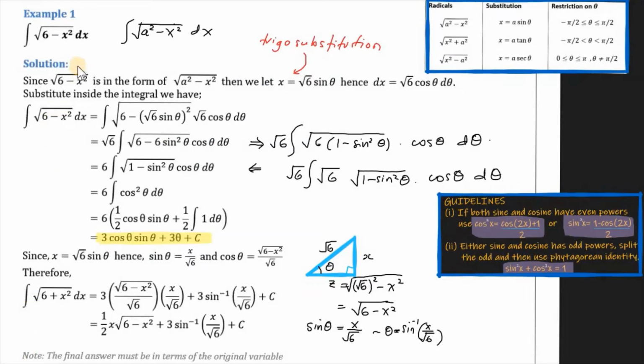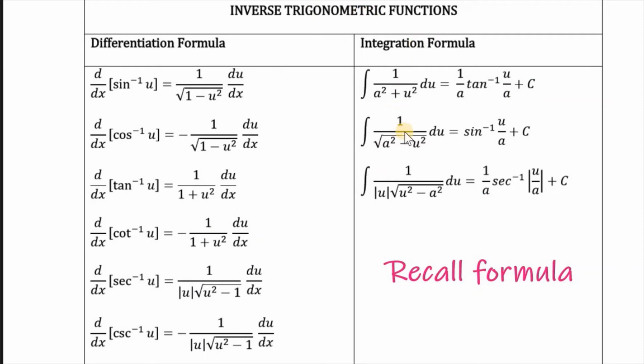For a start, let us look at example 1 given in our workbook. This is an integral involving the radical in the format of a squared minus x squared. a is the constant, x is the variable. Let us check whether or not this answer is given in our formula list. Compared to the formula given in our formula list, we only have 1 over the square root of a squared minus u squared, with the variable.